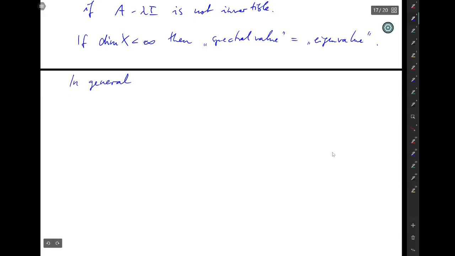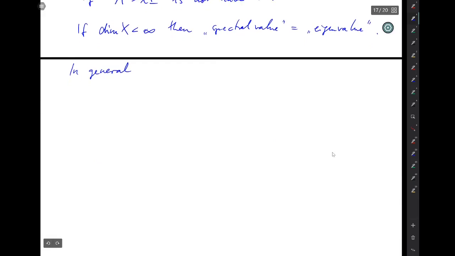So let's write that down. So in general, okay, let's look at the two situations. The first situation is lambda is a spectral value of A. And let's compare that to the other situation.